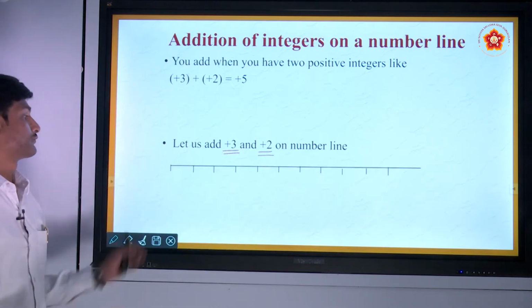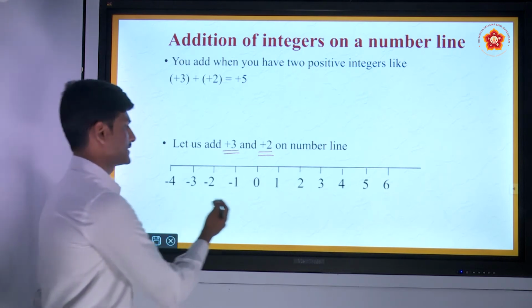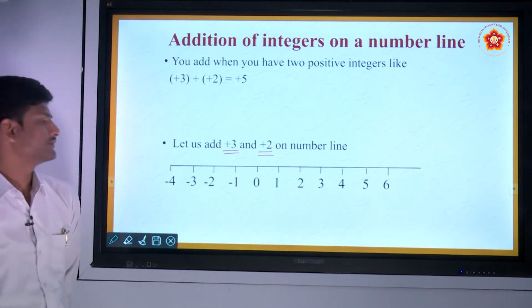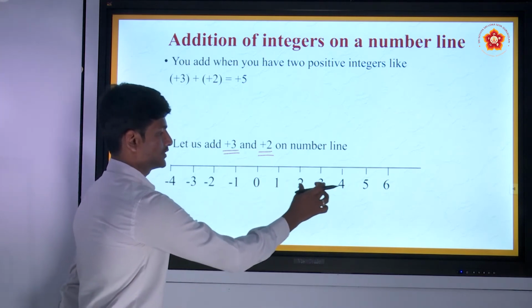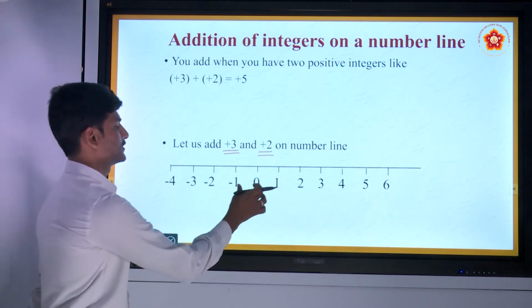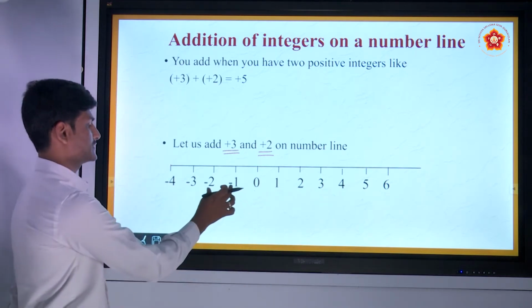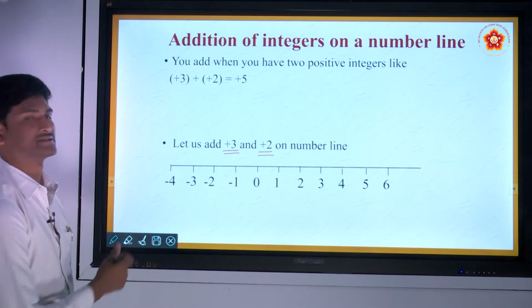First, we draw a line and mark some integers on the number line with the same distance, right? 0, 1, 2, 3, 4, 5, 6. Similarly, minus 1, minus 2, minus 3 and minus 4 with the same distance.